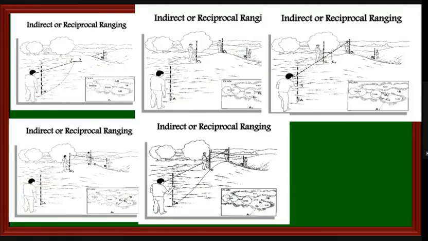Now here we can see this person is not able to see this person, because the vision is cut off by the hill. So I will take two persons, Manju and Nagaraj.